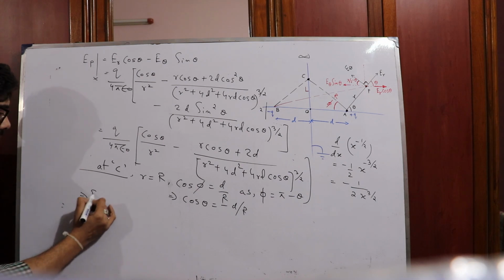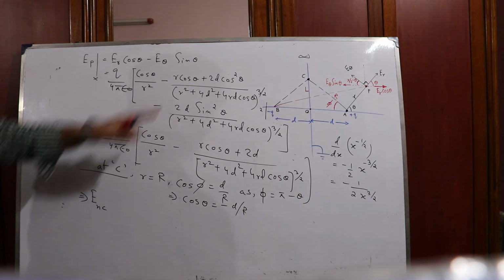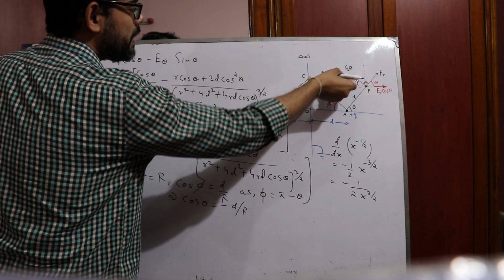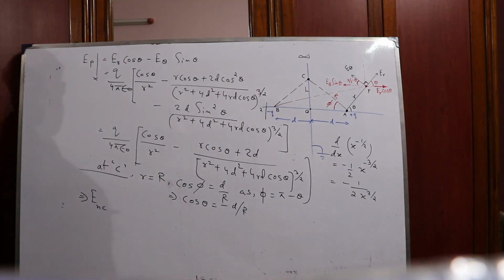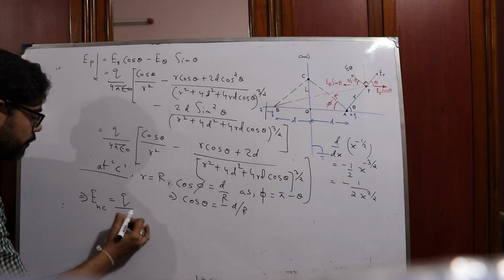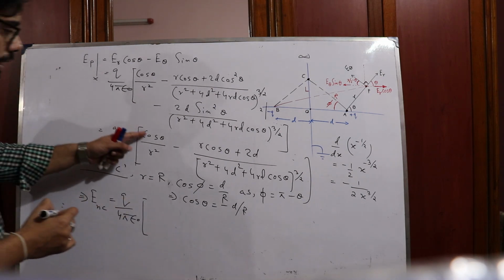So therefore E_NC, what is E_NC? Normal component of electric field at the point C, because the net field will be perpendicular to the plane. If you put the values, you get q by 4 pi epsilon naught, cos theta by r square.